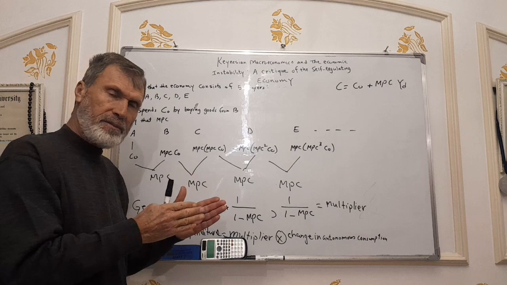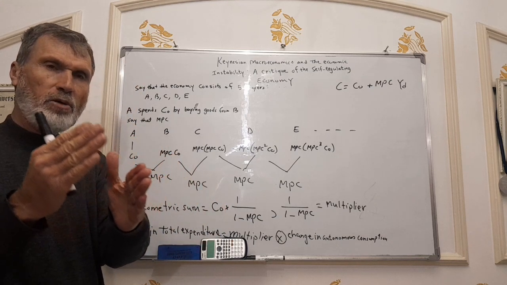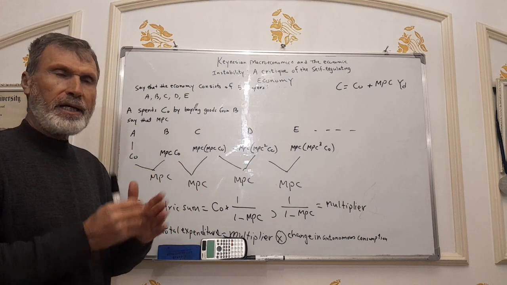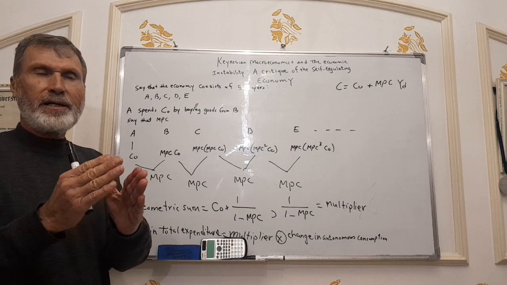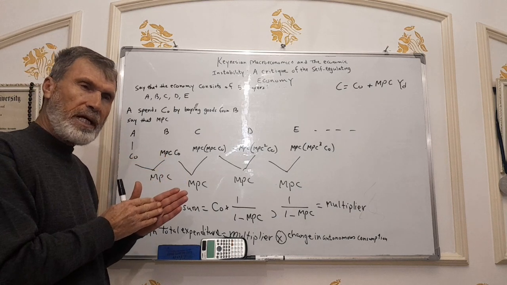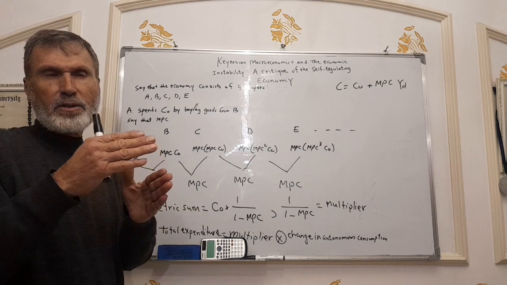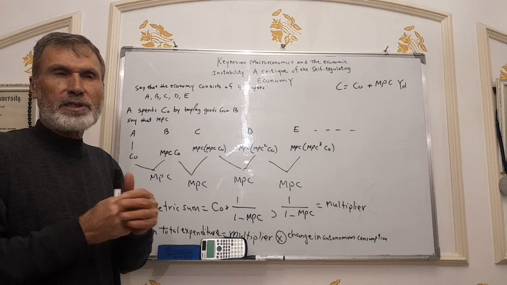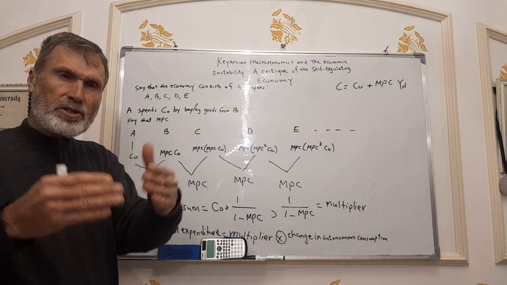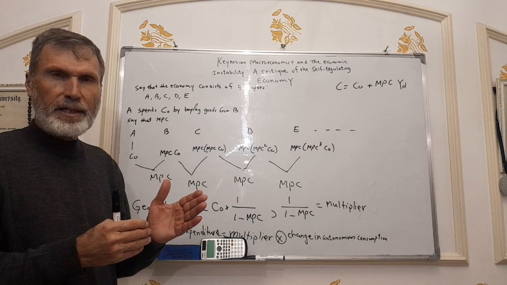An increase in autonomous consumption will lead to an increase in consumption for one person, and that will generate an income for another person, and this will lead to an increase in consumption for another person, and so on and so forth. And this is called the multiplier process, okay?